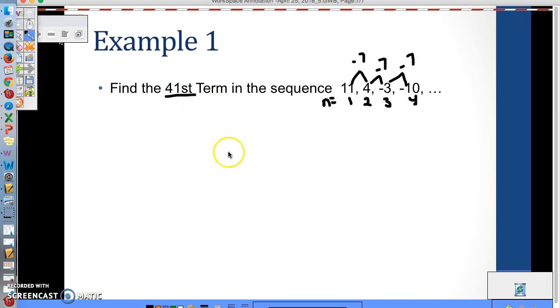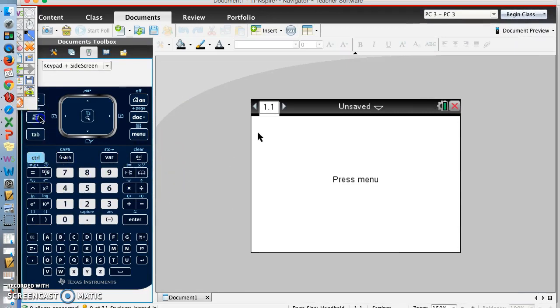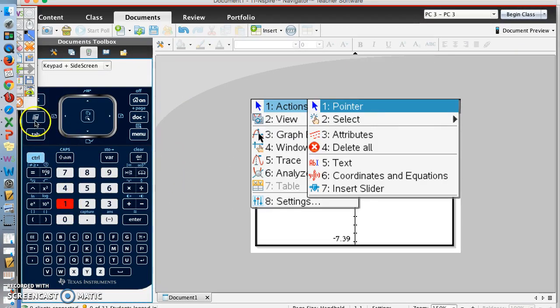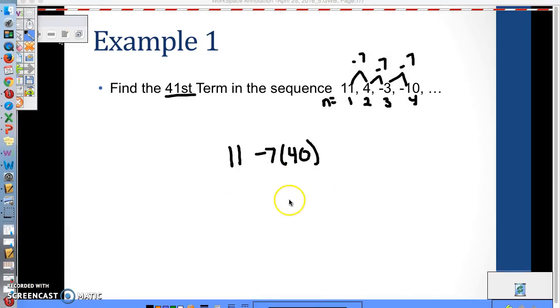So to get to the 41st term, we'd start with 11 and subtract 7, or add -7, either one works, but you have to do it 40 times. So 11 minus 7 times 40 gives us -269.